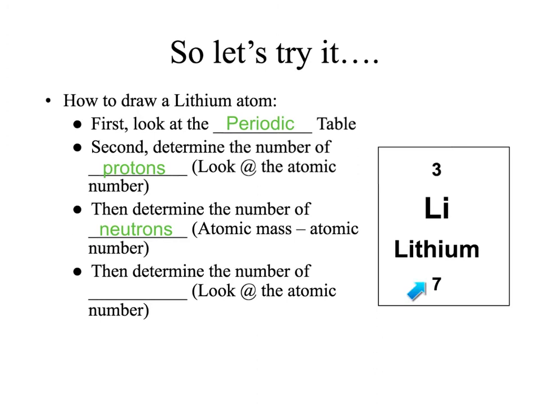Remember, the atomic mass is the larger of the two, the atomic number is smaller. Atomic mass minus atomic number gives us the number of neutrons. The next thing we have to do is determine the number of electrons. We can find the number of electrons by looking again at the atomic number. Remember, that's the number of protons, and it's the number of electrons.